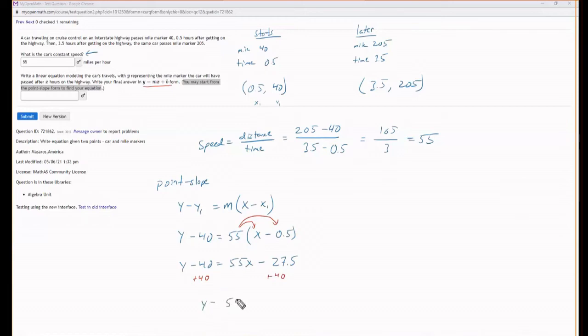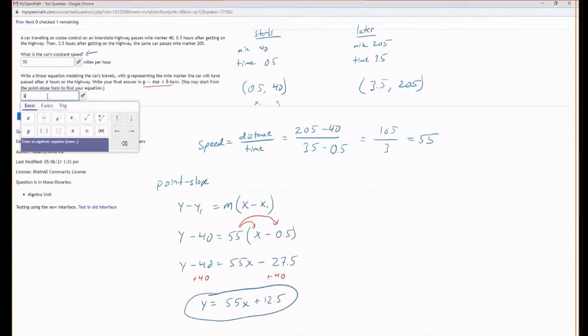So I'm going to have y equals 55x minus 27.5 plus 40. So if I have negative 27.5 plus 40, I'm going to get a positive 12.5. Okay, so we can write y equals 55x plus 12.5.